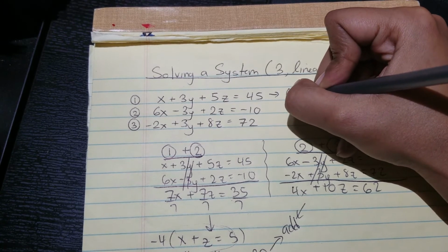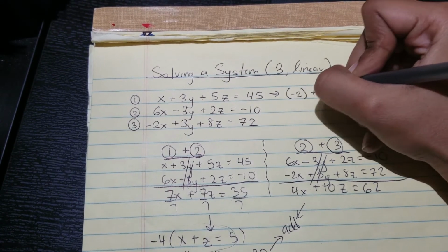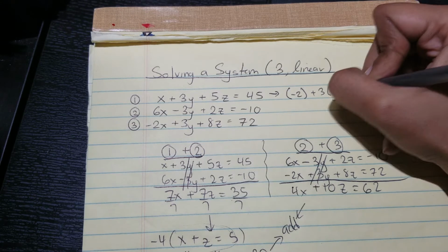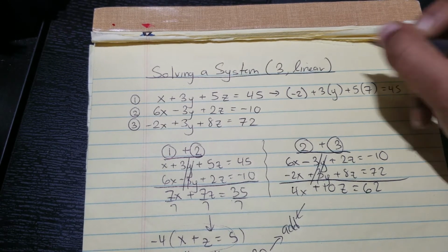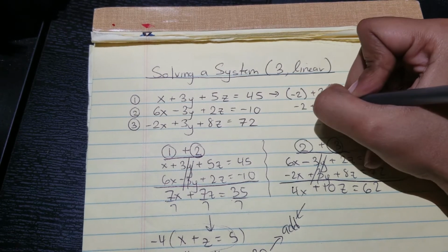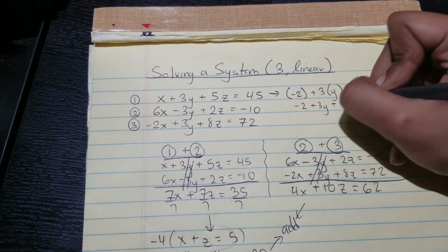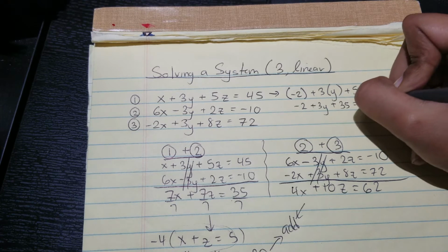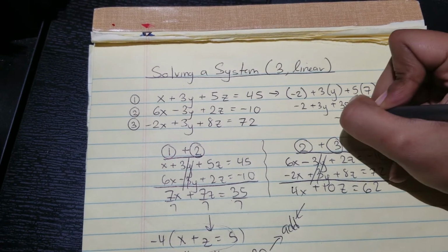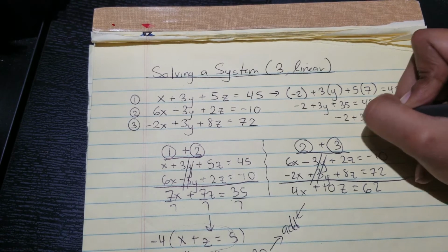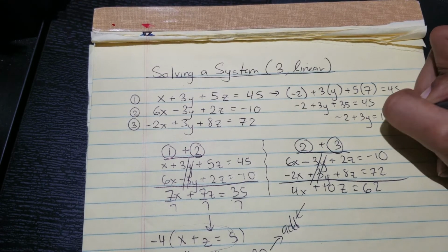So x is -2 plus 3y, I don't have anything for that, plus 5 times 7 equals 45. We have -2 plus 3y plus 35 equals 45. And then subtract 35 on both sides. We get -2 plus 3y equals 10.